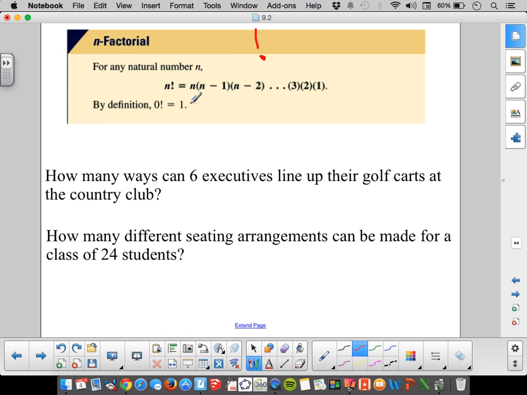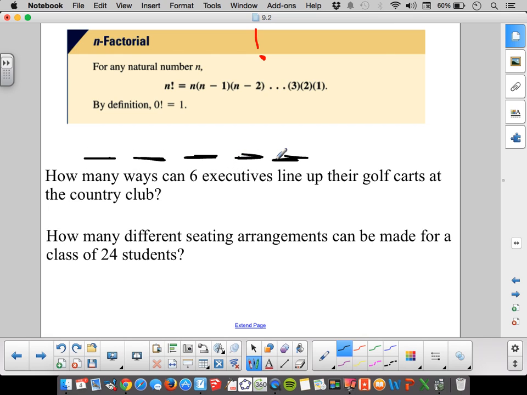But the factorial is useful for when we are looking at combinations where we have to restrict repeating and where order would matter. So notice we have this question here. How many ways can 6 executives line up their golf carts at the country club? So we would have 6 people lining up golf carts. So those are 6 distinct golf carts.